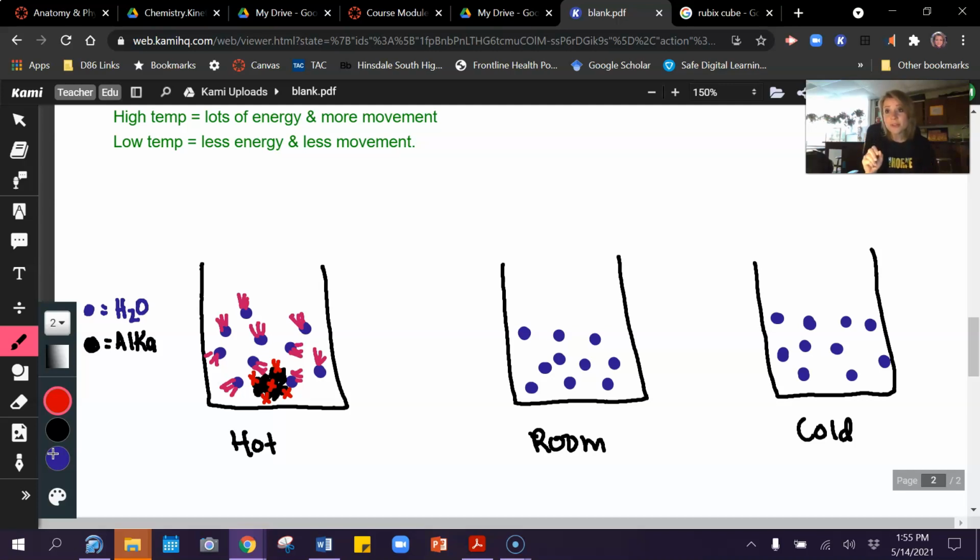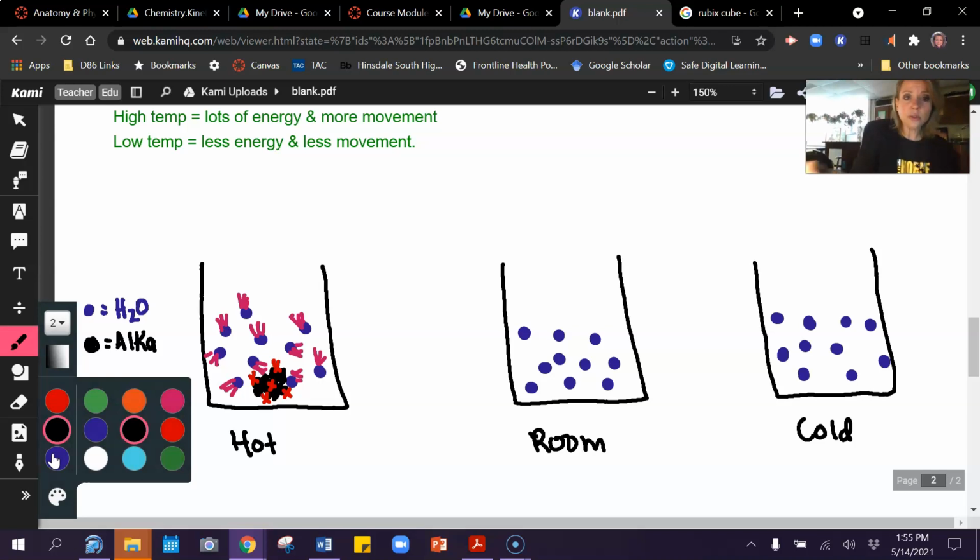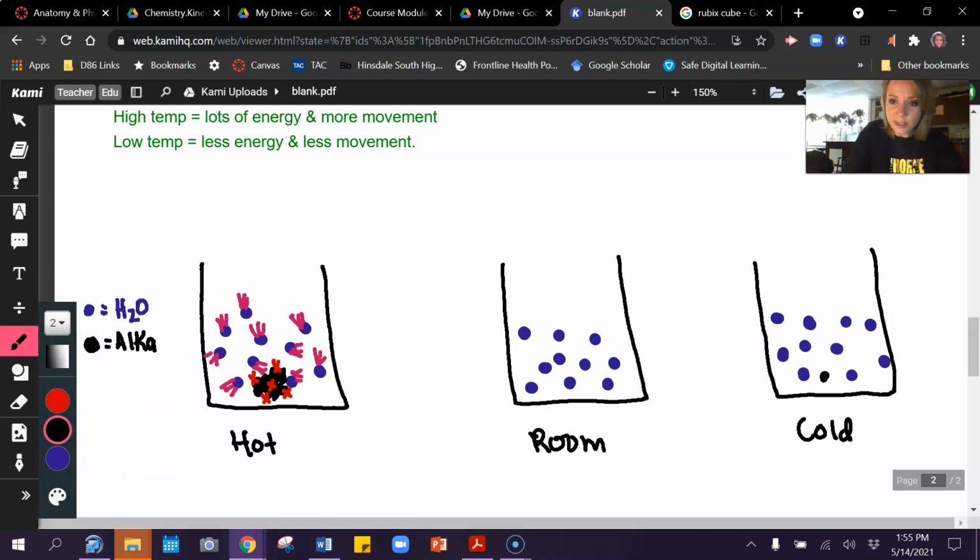They are also going to collide more frequently. So those are the 2 factors that are going to make the Alka-Seltzer react faster or dissolve faster in the hot water.